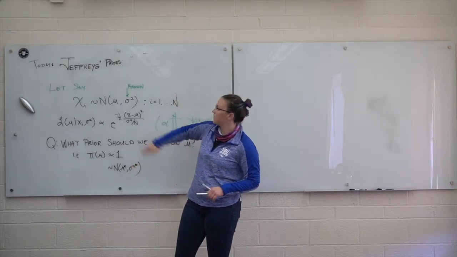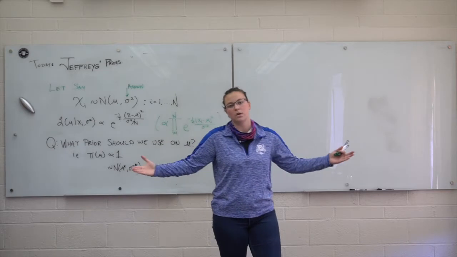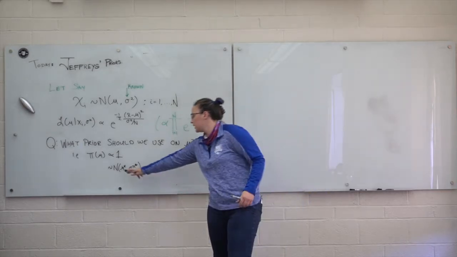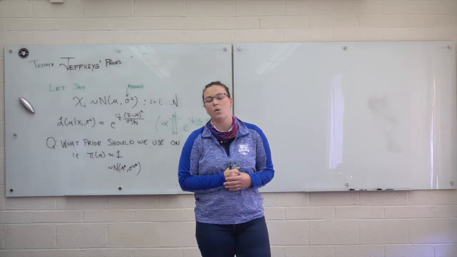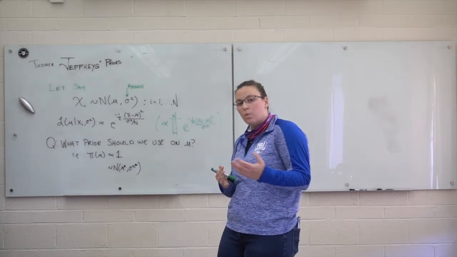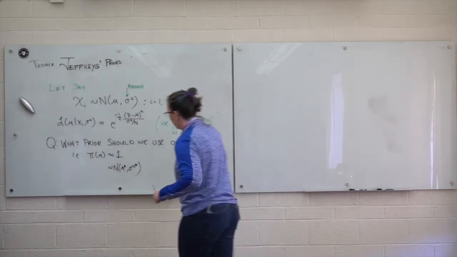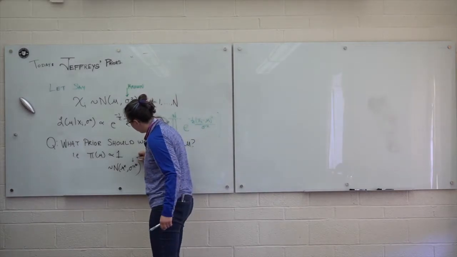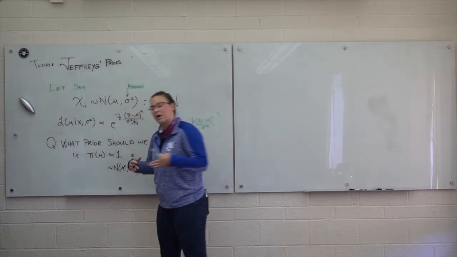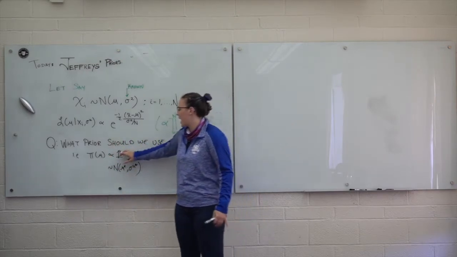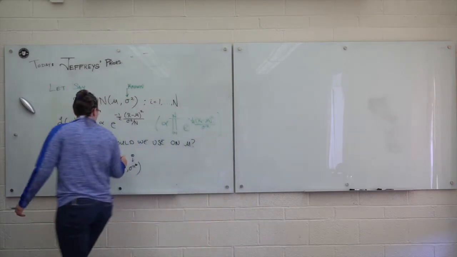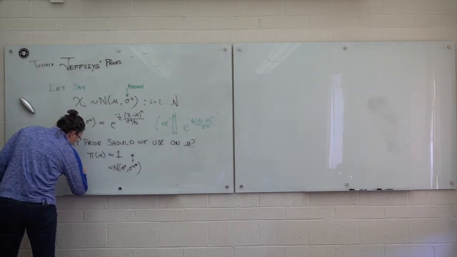We don't really know much about the data, we're just saying we know it follows a normal. How would you pick these? I'd want you to think about that. One good option is blowing out the variance, but as you blow out the variance, it would come back to this flat prior.